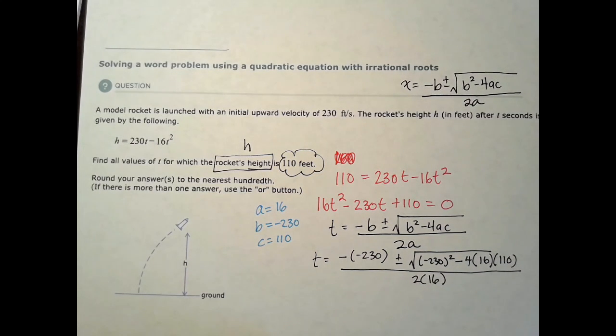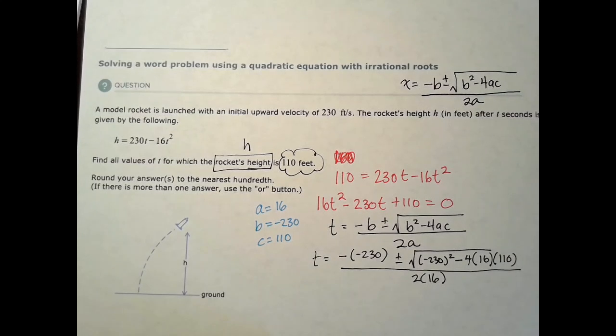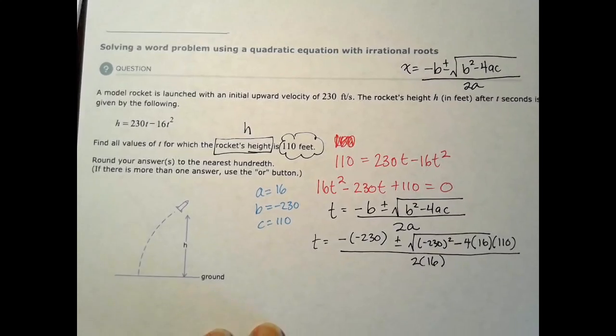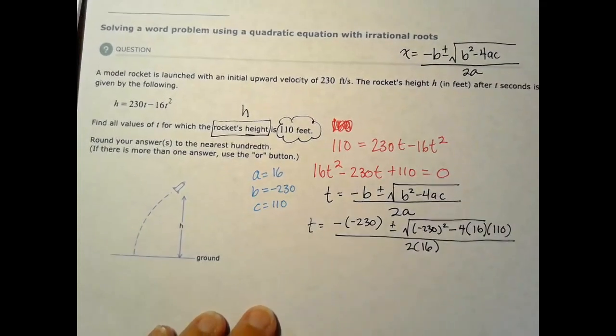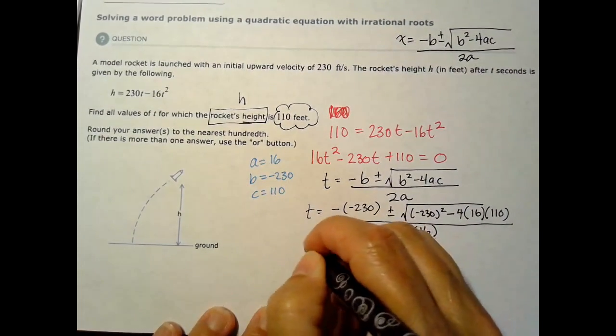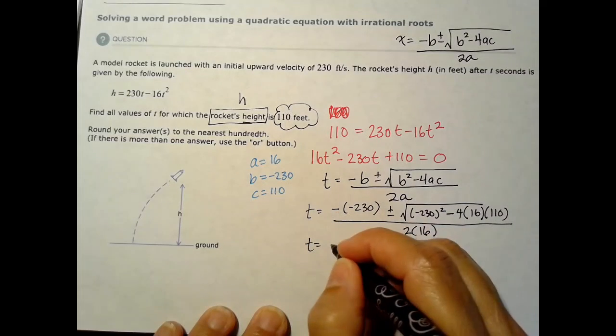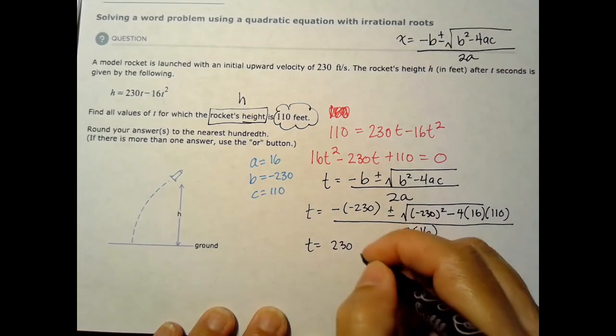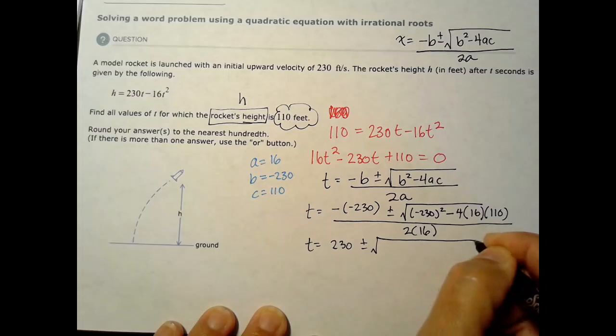That's just me plugging everything into the formula. Now I'm going to do some calculations, so you need to break out your calculator. I get t is equal to negative, which makes a positive 230, plus or minus the square root.